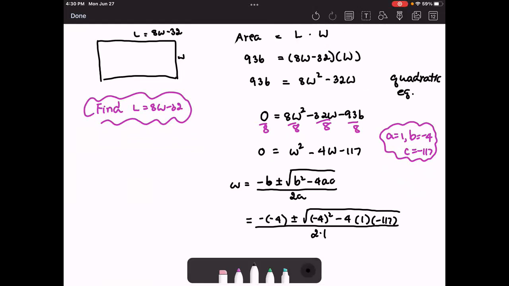So inside the square root, we have 16 added to 4 times 117.